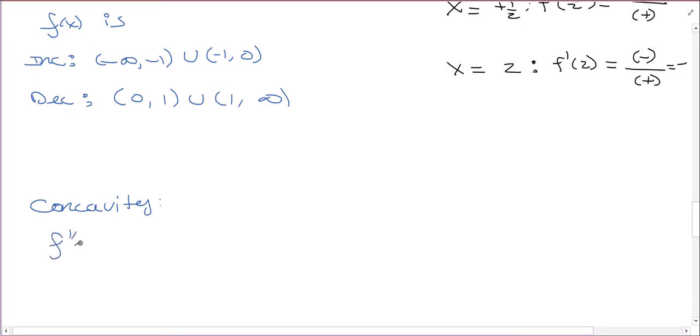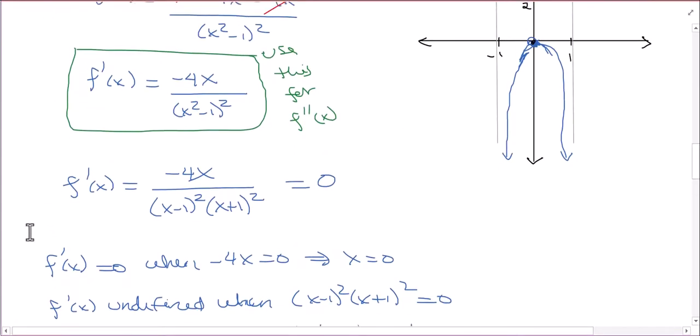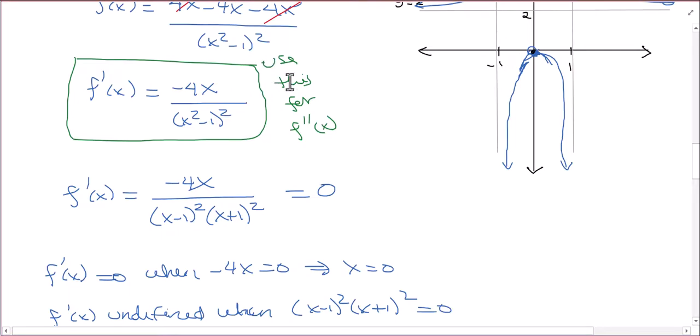So f double prime of x, and recall what was our f prime. So f prime, and so notice I said use this for f double prime because I don't really want to use this one. This one I will have to use a product rule on the bottom, whereas here I don't need it. But rewriting this in the simplified version helps me find my critical numbers better.